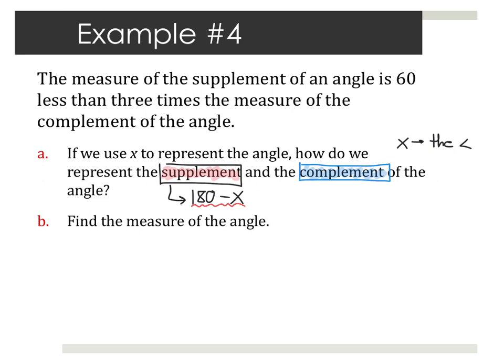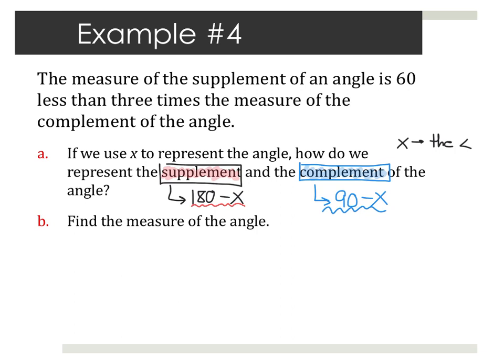So hopefully you see that little pattern is you take 90 minus whatever the angle is. So if the angle's 10, the complement's 80. If the angle's 40, the complement's 50. Supplement, again, if the angle's 10, supplement's 170. So the way we express the supplement is you take 180 minus whatever the angle is, and then the complement is 90 minus whatever the angle is.